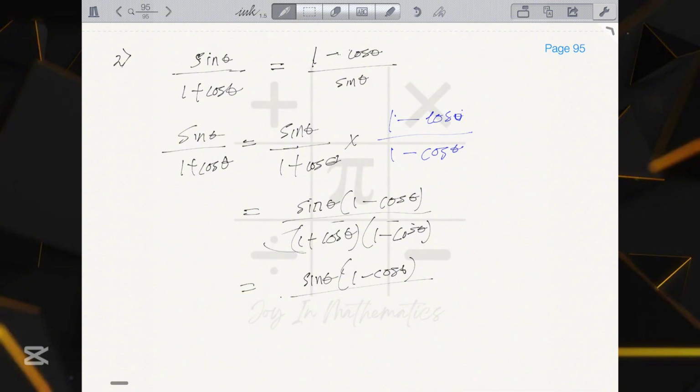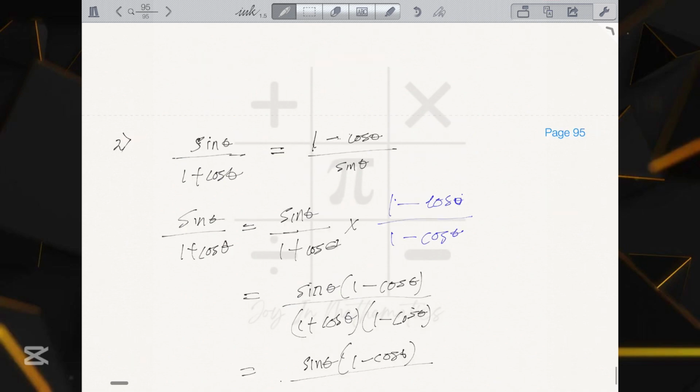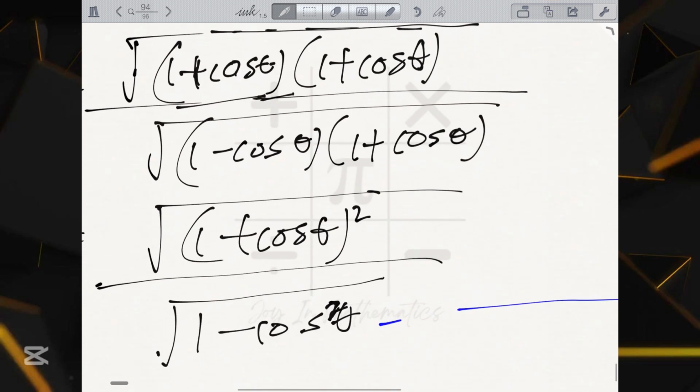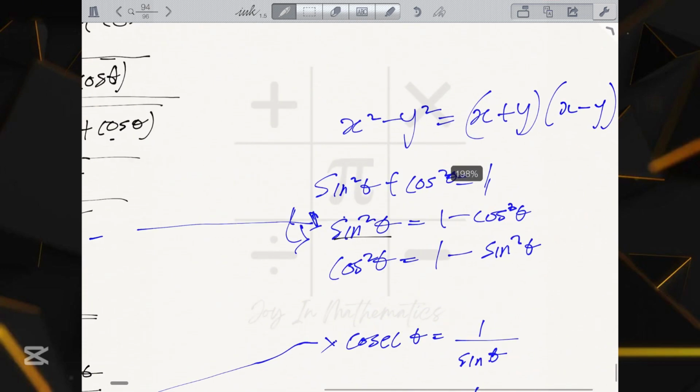And this denominator now is an expression of difference of two squares, which we had in the previous example. 1 minus cos theta multiplied by 1 plus cos theta will give us 1 minus cos squared theta, because we are applying difference of two squares.